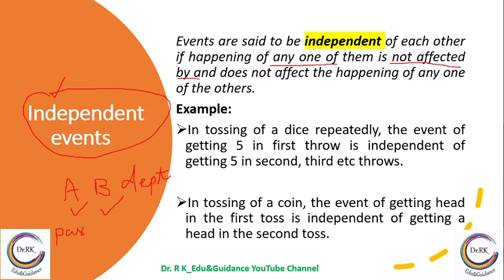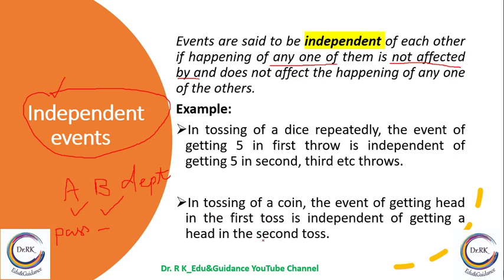If A passes, it doesn't mean that B has to fail. A can pass the exam and B can also pass the exam. There is no dependency between both. Within brackets, if they copy, that situation won't come into the picture; that is an assumption. So A passing the exam and B passing the exam are independent events. Clear?